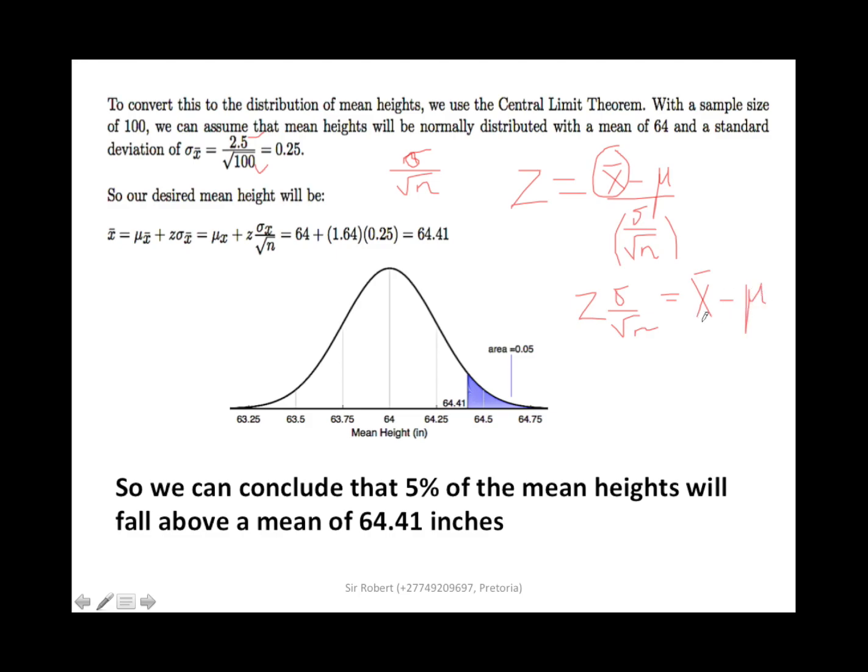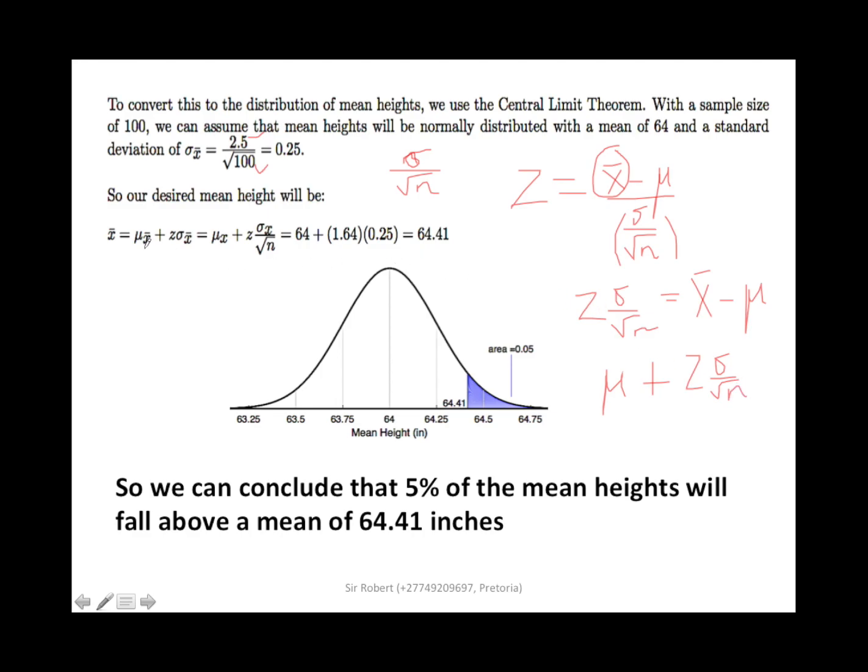Then remember if it crosses the equal sign plus becomes minus, so x bar becomes mu plus z sigma over square root of n.